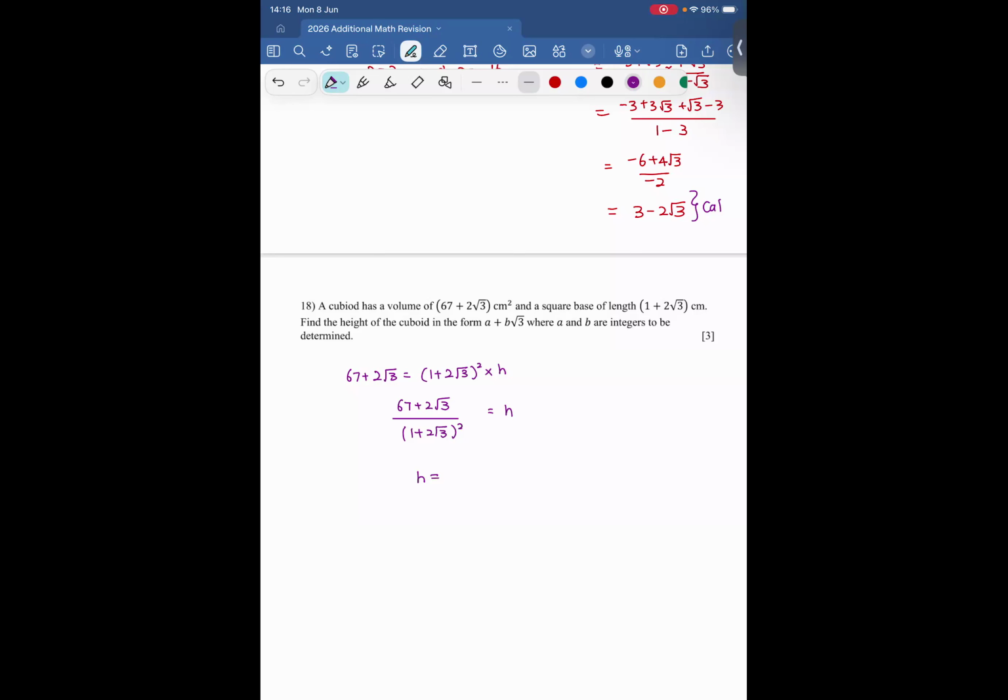Okay, before you rationalize, what should you do? You should expand the denominator. So if you don't know how to expand, just write this and expand. Then later on, rationalize.